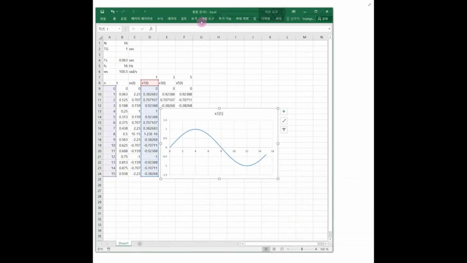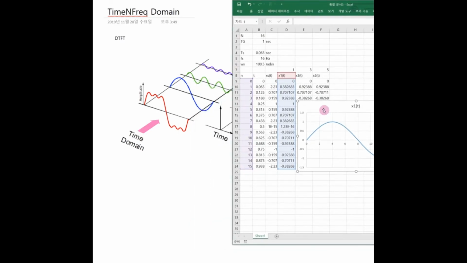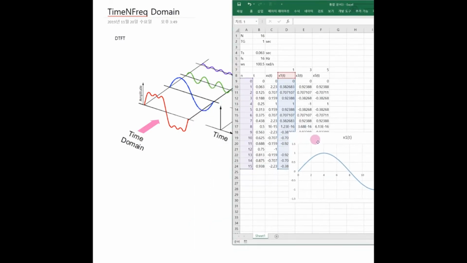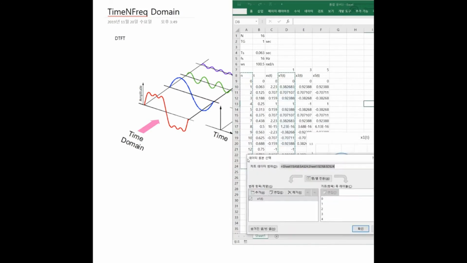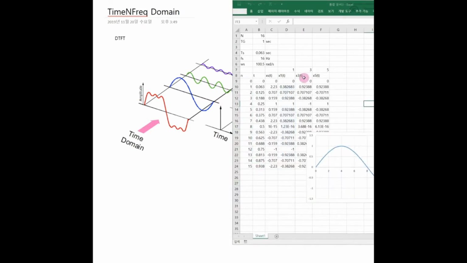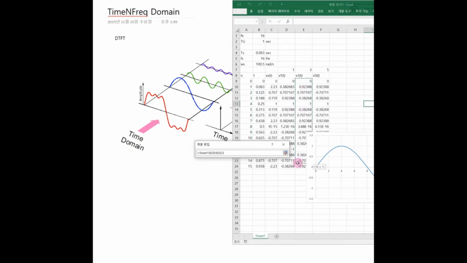Here is the frequency component, the blue one, plotted over here. The next is the green one, plotted in a similar way. Add data, and this one is the third harmonic. The x-axis changes over here, and the third harmonic spectral content is this one.